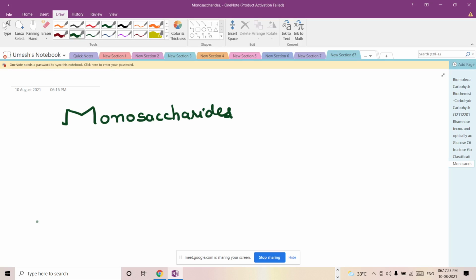These are the simplest ones, right? For example, we have glucose, we have fructose. These are the monosaccharides. They cannot be further broken down into simple carbohydrates.